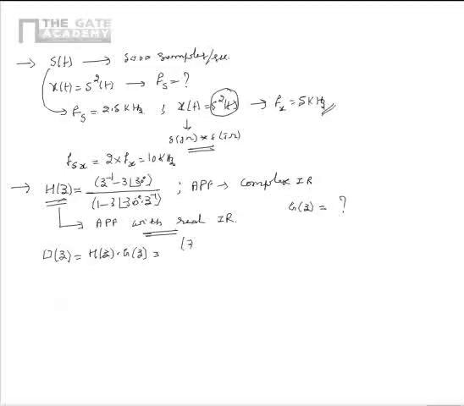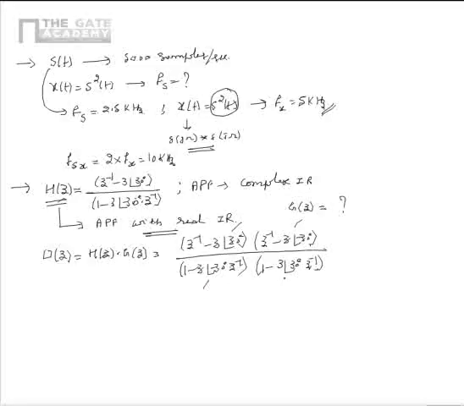From this, we can say that the overall system function should be (z^-1 - 3∠30°) multiplied by (z^-1 - 3∠-30°) divided by (1 - 3∠-30° z^-1) multiplied by (1 - 3∠30° z^-1), because in this case zeros would be complex conjugates and poles would be complex conjugates.